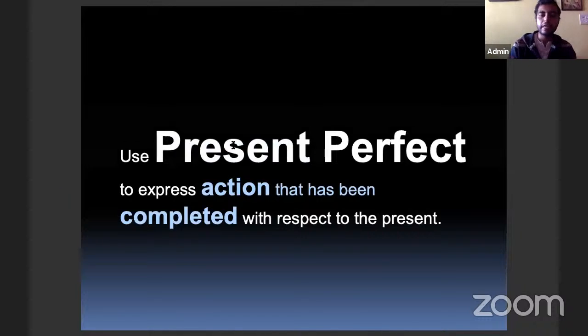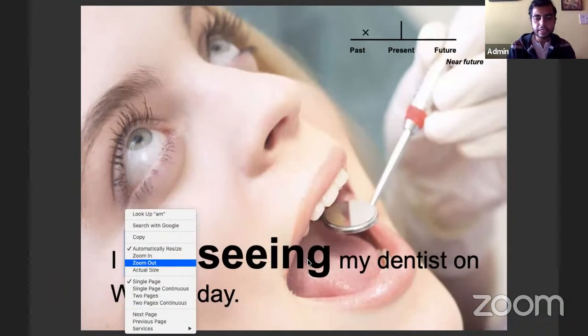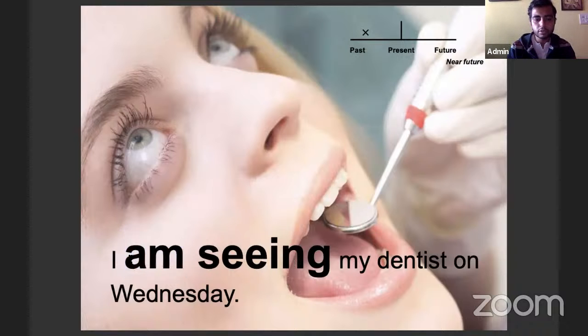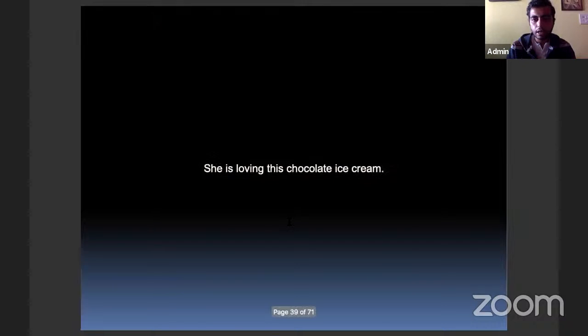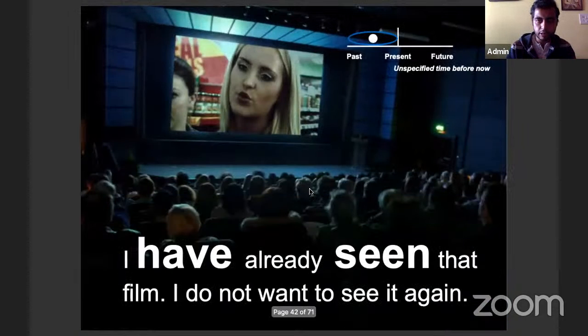In the previous example, present continuous was being used for something that will happen in the near future. Present perfect is used for something that has been completed with respect to the present.